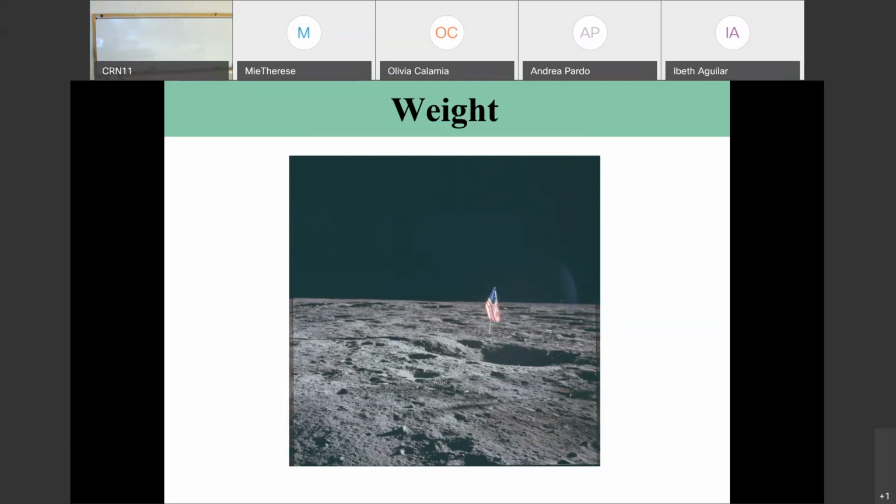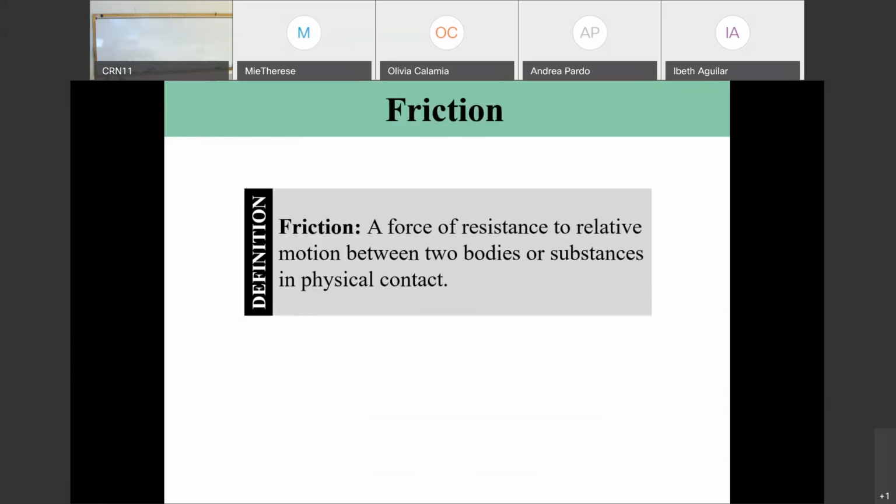So let's remember that the weight of an object depends on two things: the amount of matter, the mass, and the gravitational pull. In this case, the gravity of the planet or moon, or in some cases, the star. When you get close to a star, you get a strong gravitational pull because of the enormous gravity. And then obviously the idea of black holes, neutron stars, and so on.